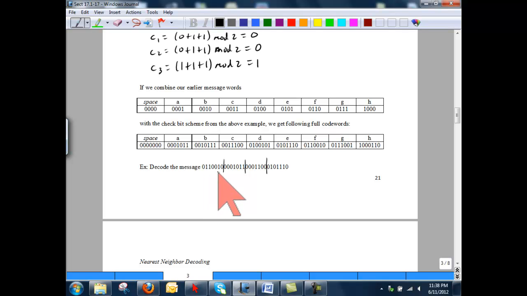So here is an F. Here is an A. Here is a word that's not in my dictionary. It's not a valid code word.